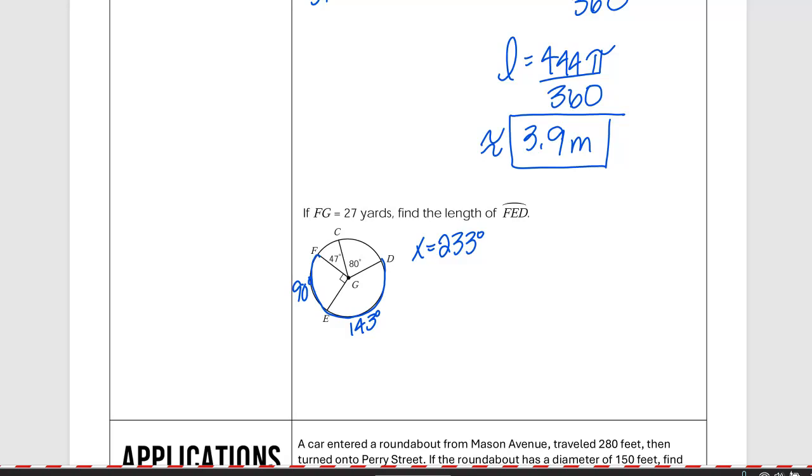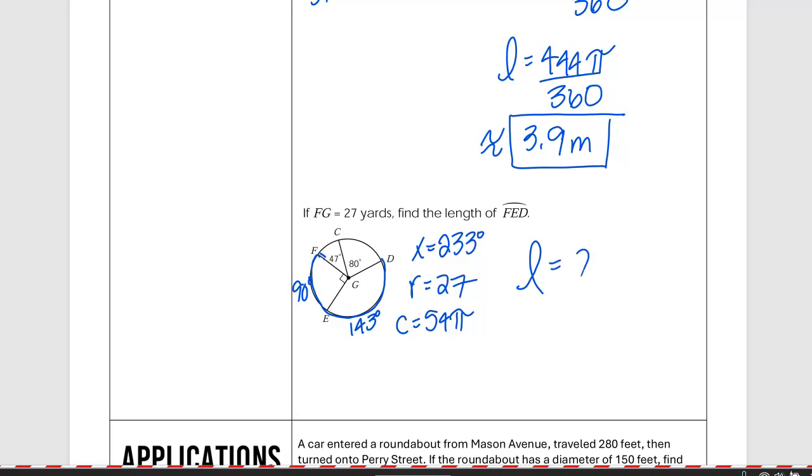Our radius, we're told FG is 27, so our radius is 27. All right, let's put this in our formula. That means that our circumference is 54 pi.